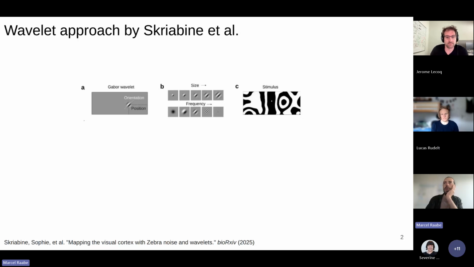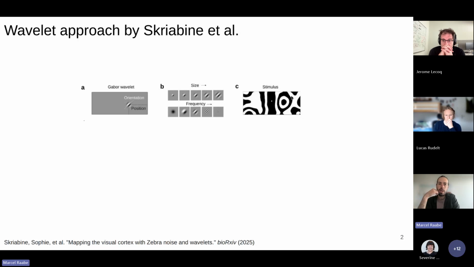We have the stimulus, which is basically a noise pattern with these moving stripes here, and we want to analyze whether a recorded neuron corresponds to specific features in this stimulus.